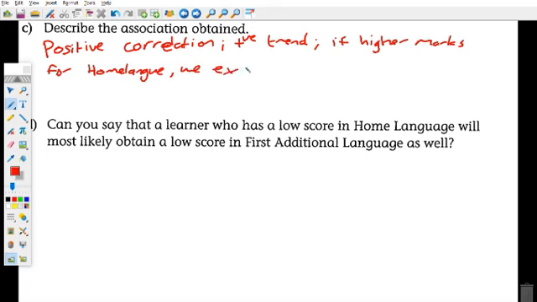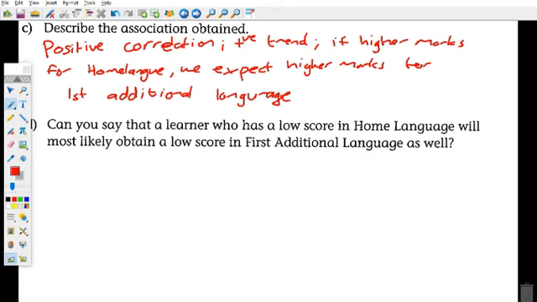Are we going to expect higher, same, lower marks? Okay, high, middle, low marks for the first additional. We expect higher marks for first additional language.